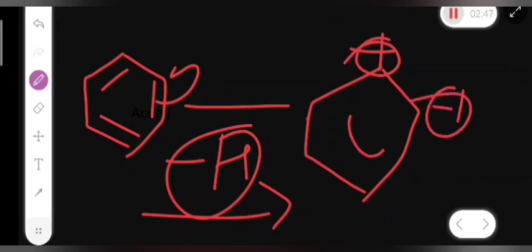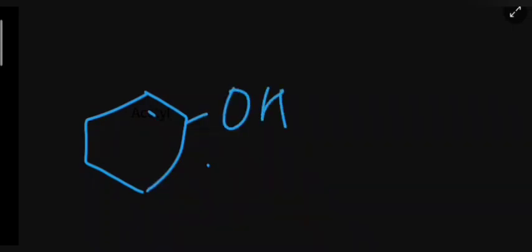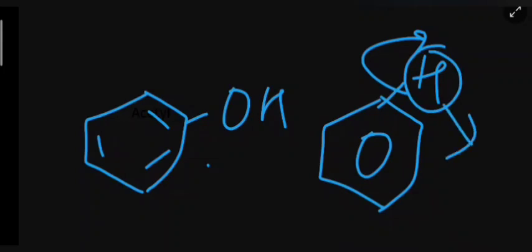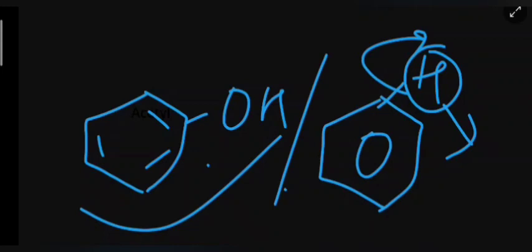So that is simply a phenyl ring or a phenyl species. As described earlier, phenol is nothing but this one, an OH group attached to a benzene ring. And what is phenyl? Phenyl is something that is devoid of one of its hydrogens. Suppose if we remove this, so this is phenyl. Once this hydrogen is removed, that will be phenyl, and this is phenol. So I hope the difference is clear to you.